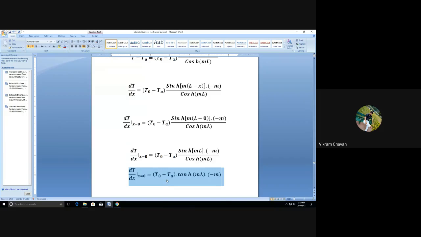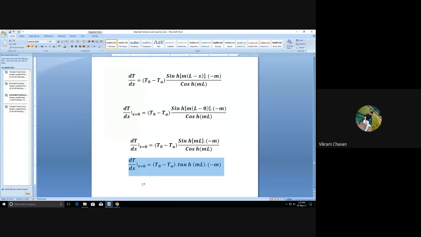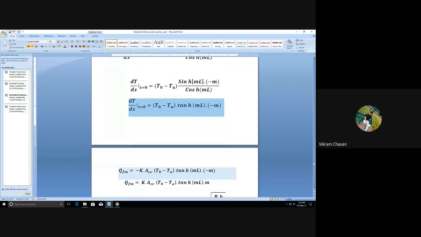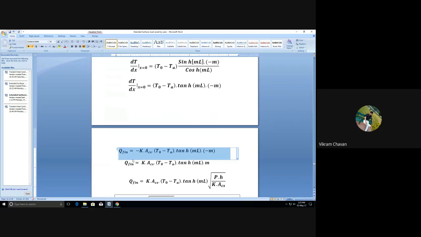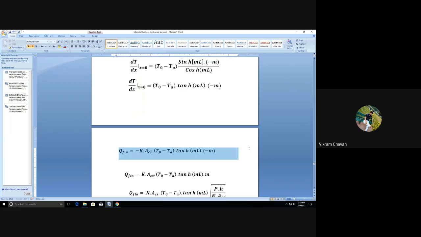Okay, now we have to put this equation in the Fourier equation. So after putting dT divided by dx at x equal to 0 in the Fourier equation, we'll get Q fin as minus k multiply by A suffix cs multiply by (T naught minus T_a) multiply by tanh of mL multiply by minus m.